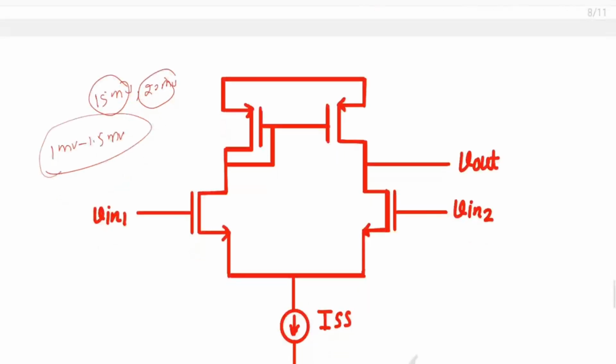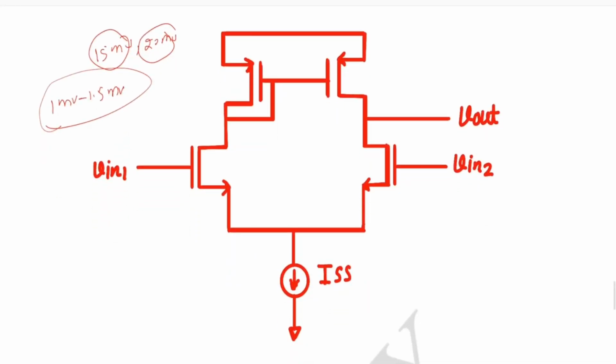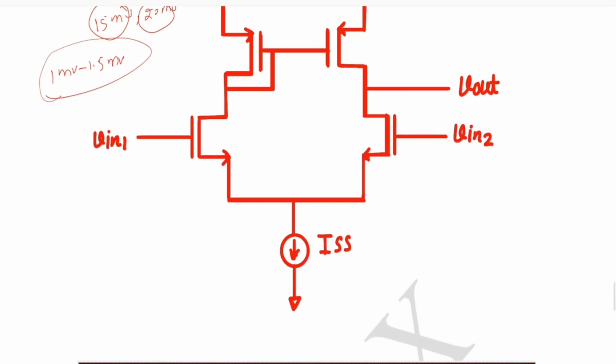Now suppose, I'm just taking an example, a 5T OTA. Suppose the common mode signal VCM is 200 millivolt with 50 hertz supply frequency noise, and my differential signal will be 1 millivolt to 1.5 millivolt.